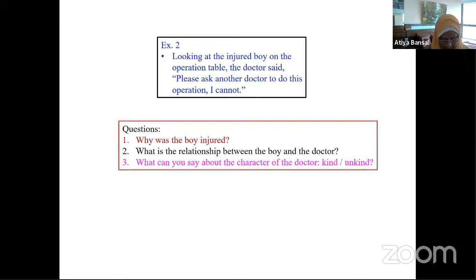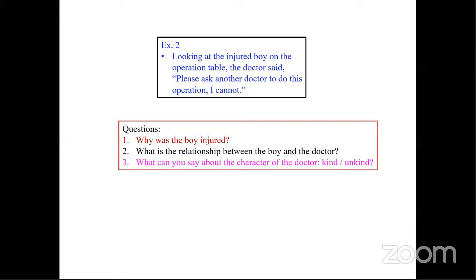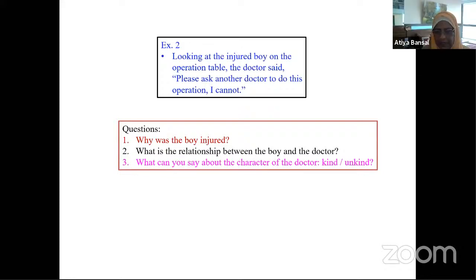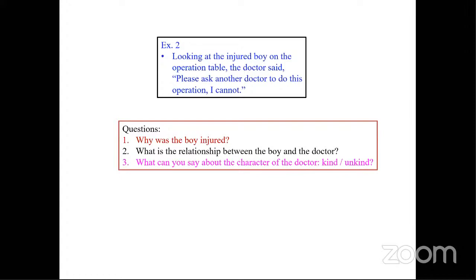No response coming? Parent and child. Okay. So that is basically similar, mother. If not mother, it's the father. Answers are mother, father, parent, like that.